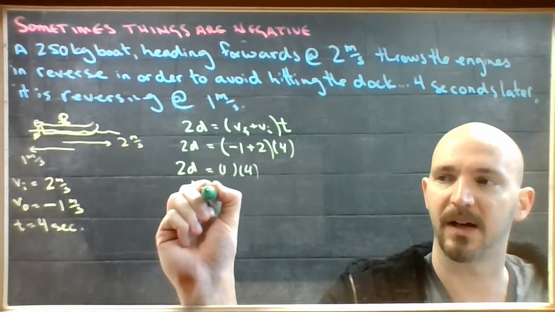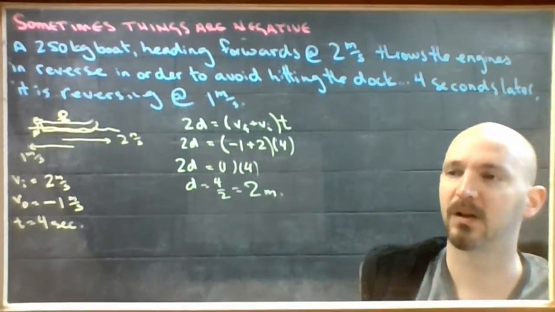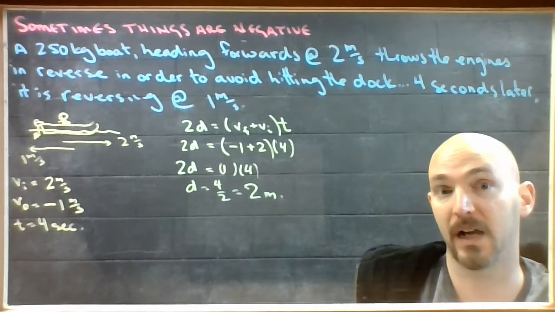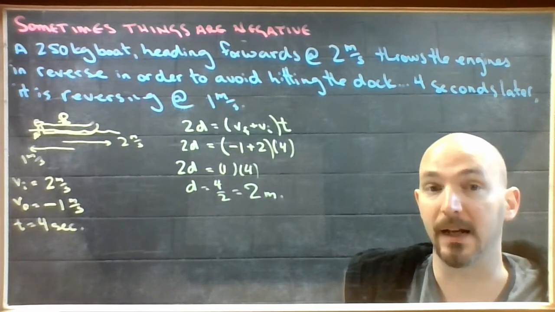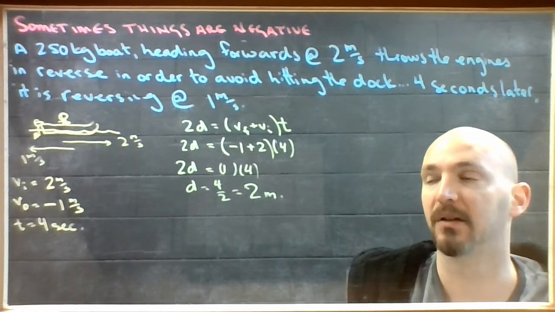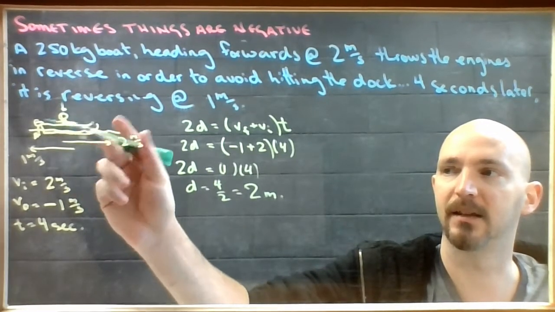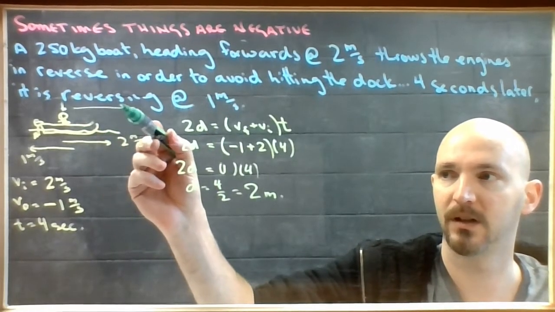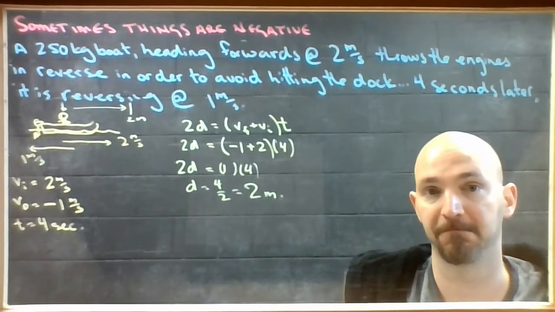Divide both sides by 2, and we end up with 2 meters. So where is that? Well, it turned out positive, so that means it's to the right, 2 meters from where we started this experiment. So this person is here, and they are now, 4 seconds later, 2 meters ahead of their initial position.